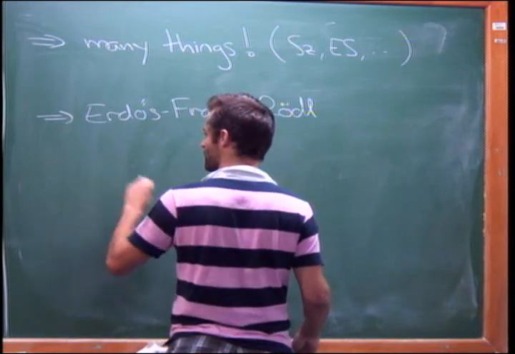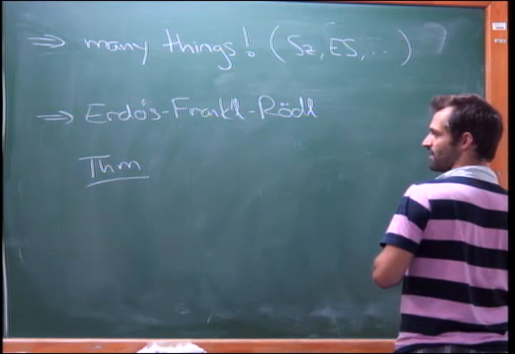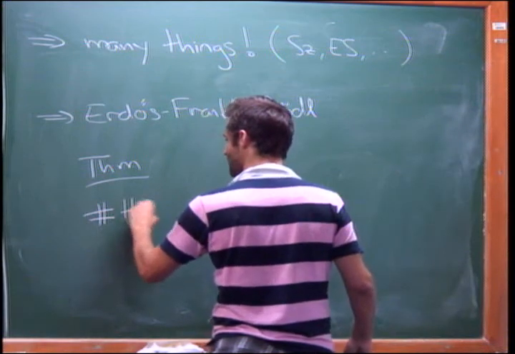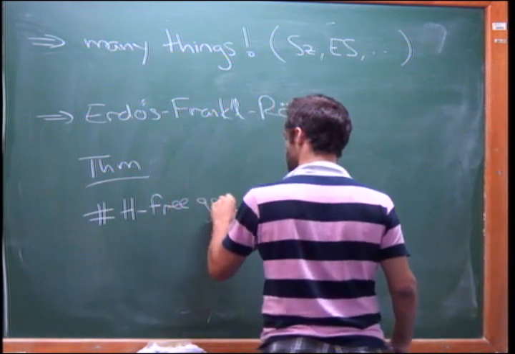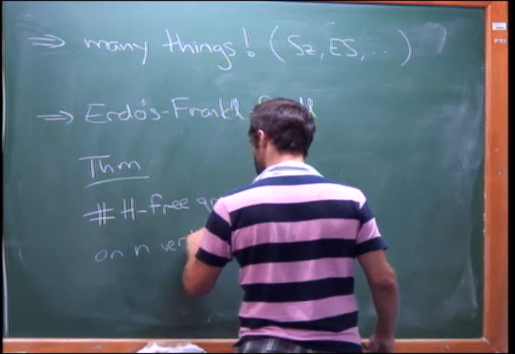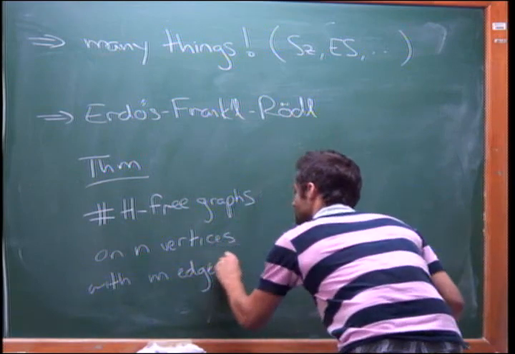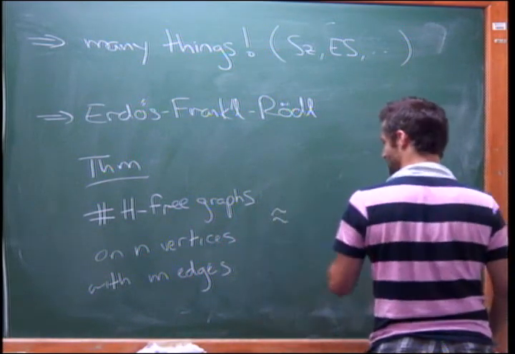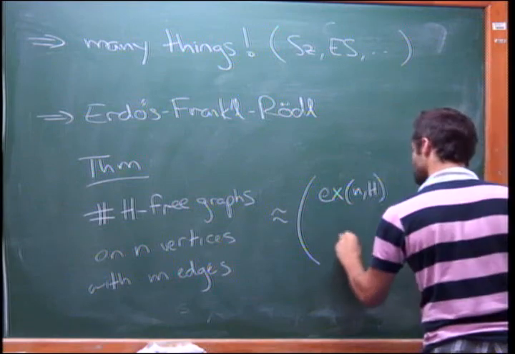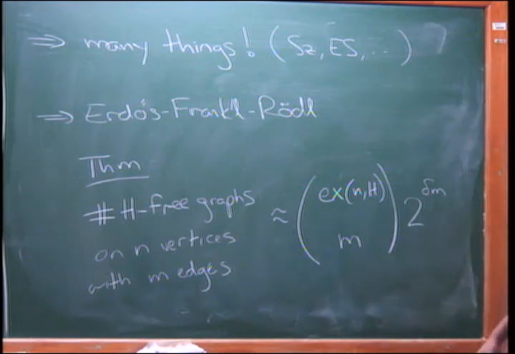And it also implies, in the following slightly more precise or more refined version, that the number of H-free graphs on n vertices and with m edges is basically the extremal number of H, choose m, times some small constant.